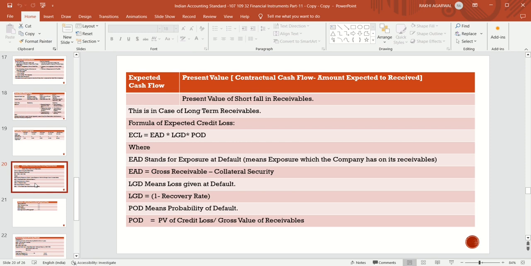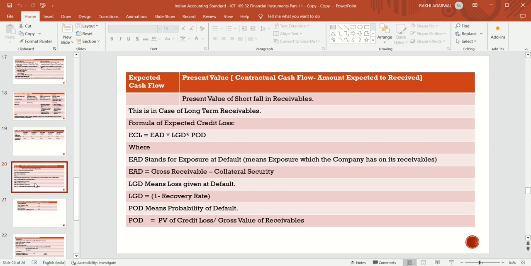Contractual cash flow, whatever cash flows the contract prepared, minus the amount expected to be realized, the amount expected to be received, that is the expected cash flow.